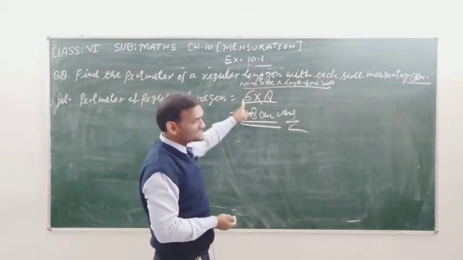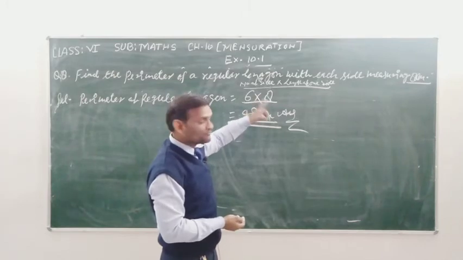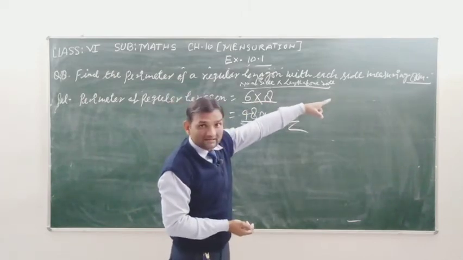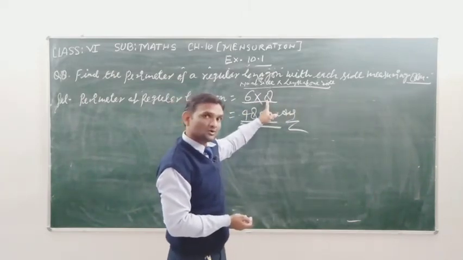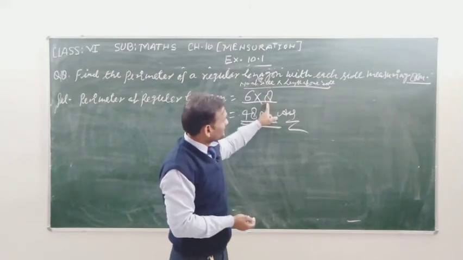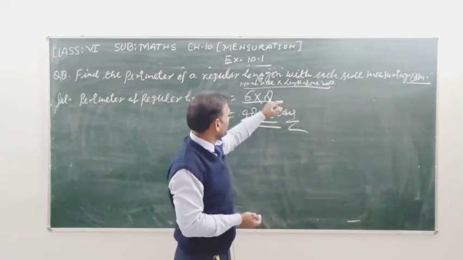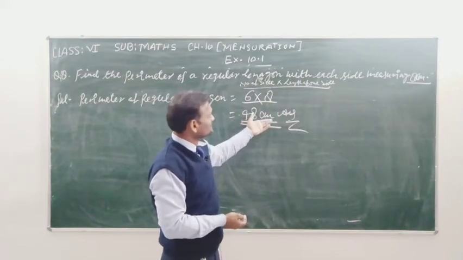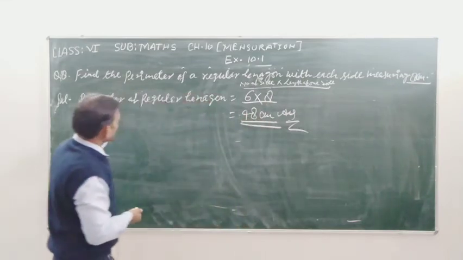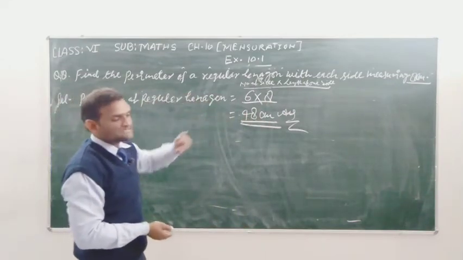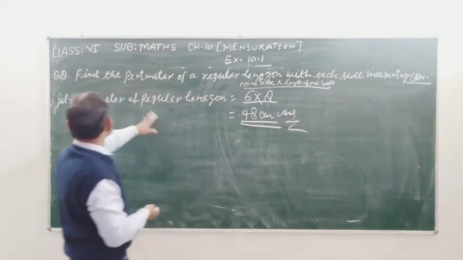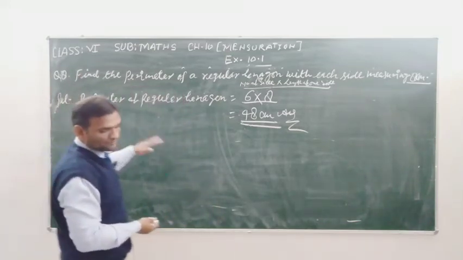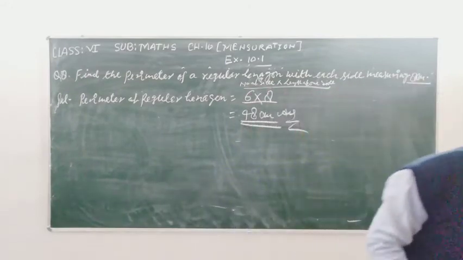Hexagon has 6 sides. So 6 into length of one side, each side is 8 centimeter. So we write 8 in the place of length of each side. 6 8s are 48 centimeter. So perimeter of the regular hexagon is 48 centimeter. I hope student you have understood the question number 8. So come to the question number 9.